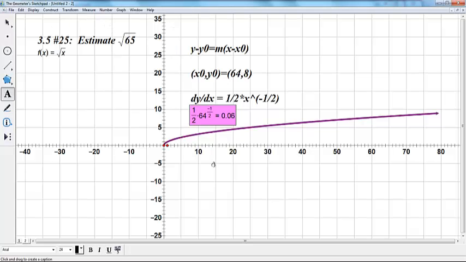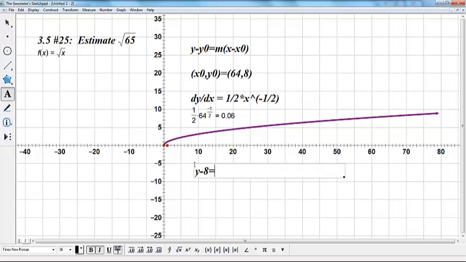Okay, so my new equation is y minus 8 is equal to this slope times x minus 64. All right, so then we're going to get y is equal to this times x minus 64 plus 8.